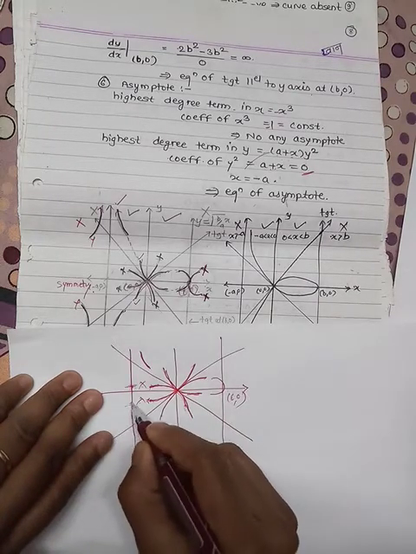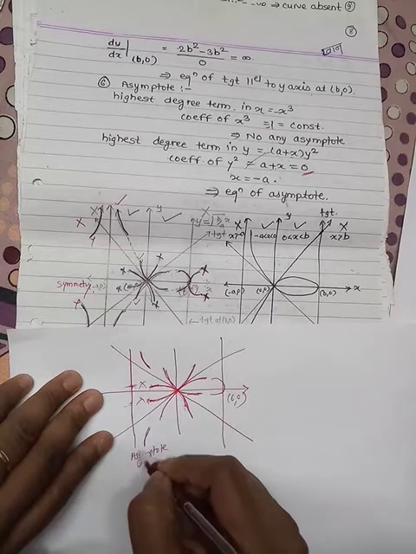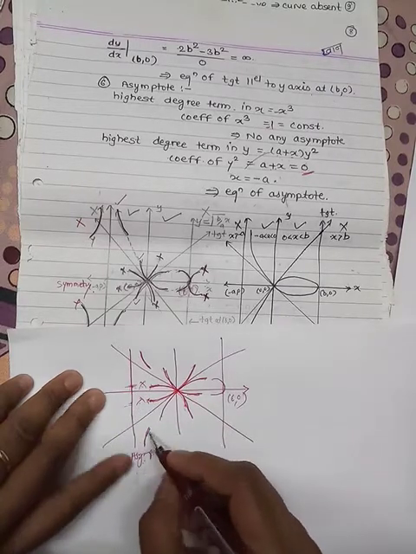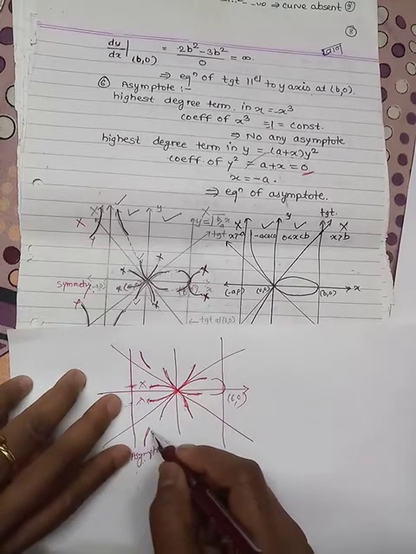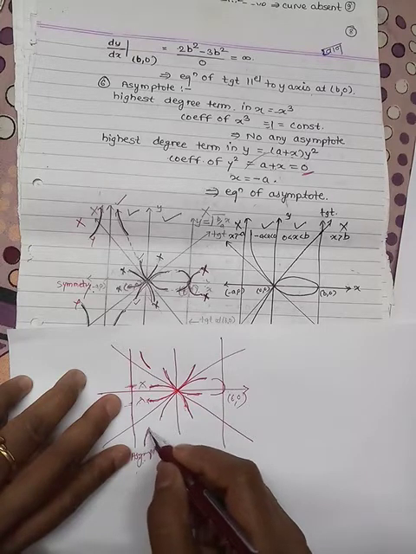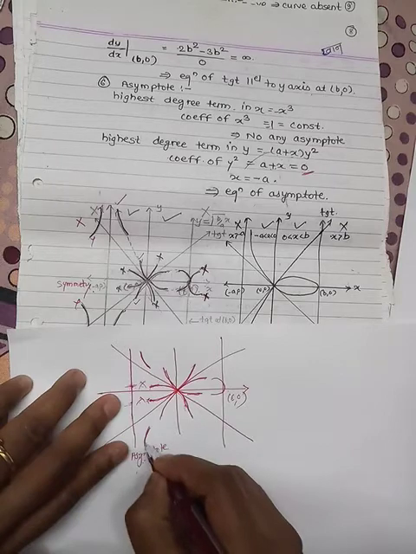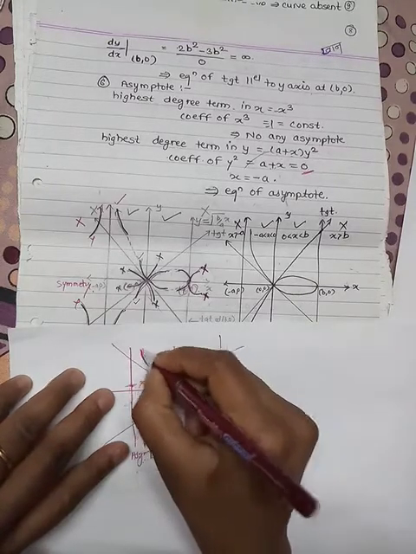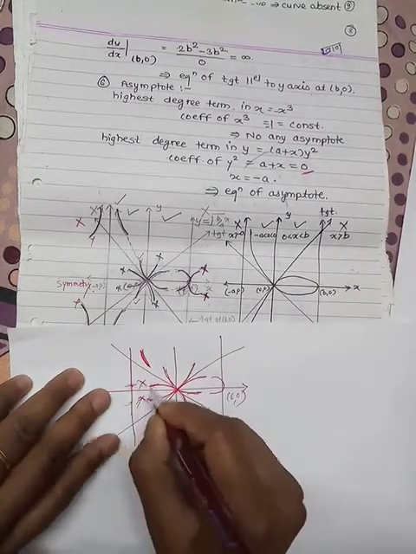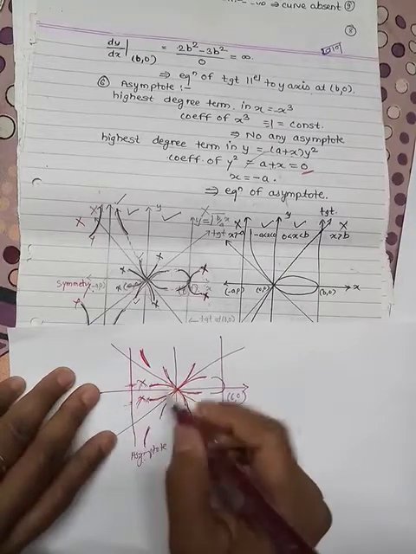So this is not your infinity point, this is your infinity point, which we actually can't see. So this part we have already taken. Hence cancel this, because this can't intersect this asymptote.